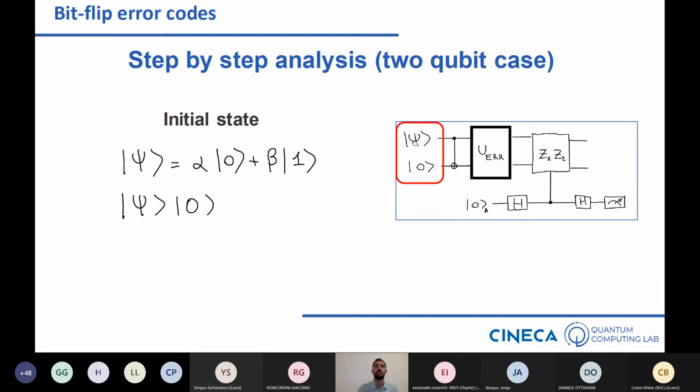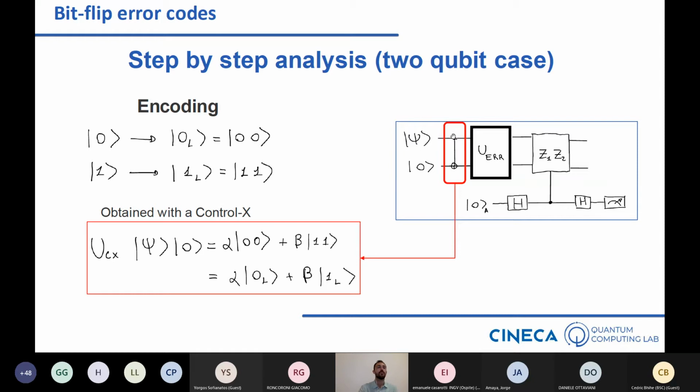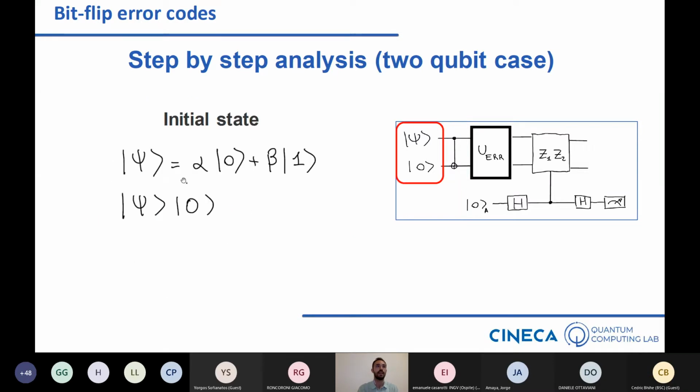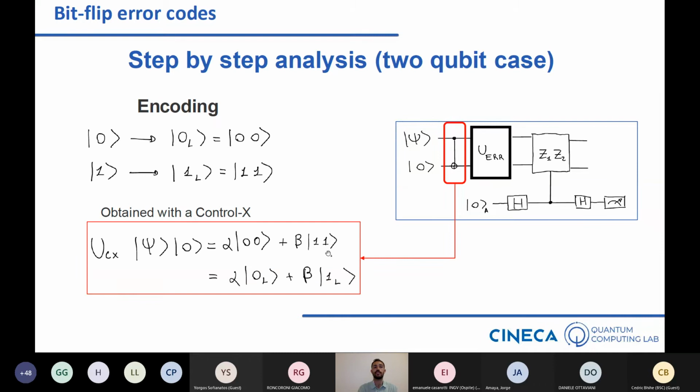So what you do is use this control not, control X. So what does control X do? It takes the initial state, alpha 0 plus beta 1 times 0, into the state alpha 0, 0 plus beta 1, 1, which are also called the logical qubits, because I encoded this initial state into the same state, but where the basis states are just these, which are called logical.